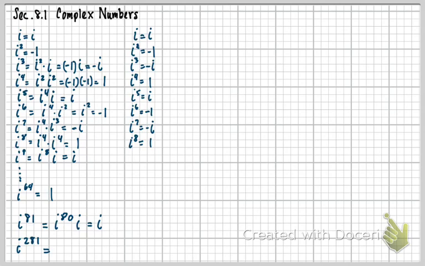And I have 1/4 left over. So this is really i to the 280, which is 1, because 280 is a multiple of 4. And then I have i, so this is also i. So that's one way we can go through that very easily. Nice idea.